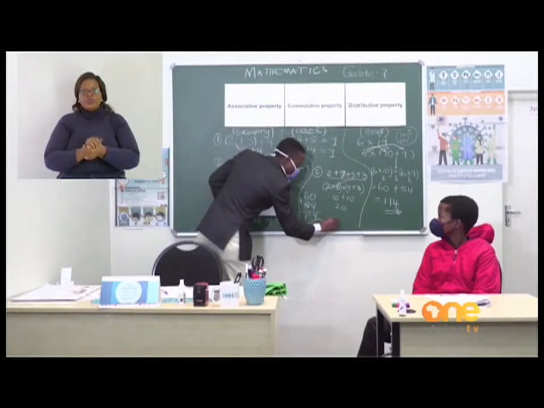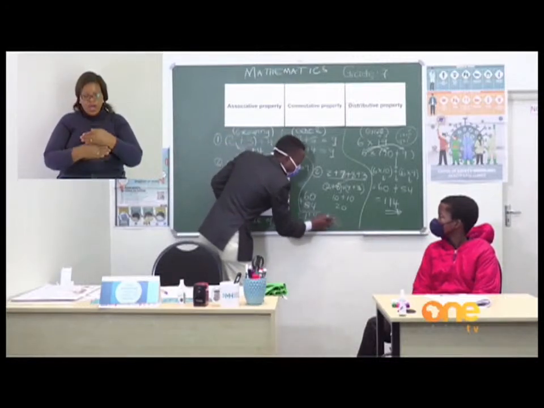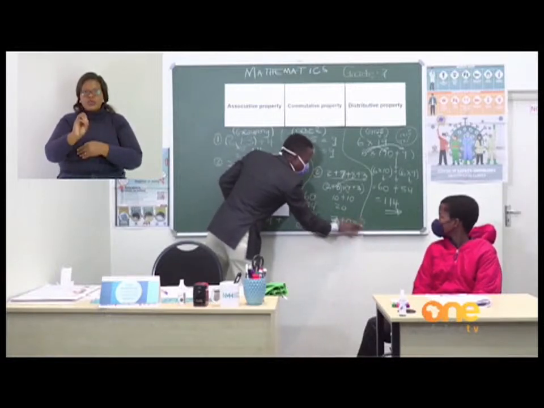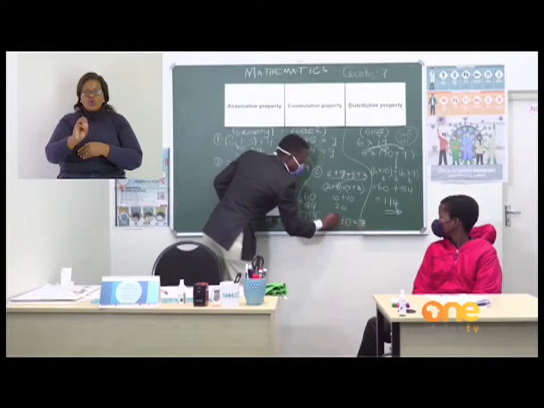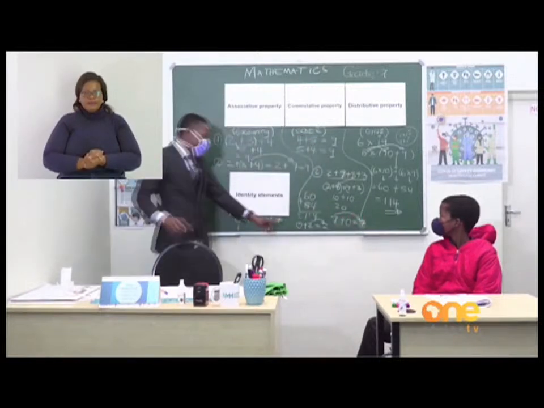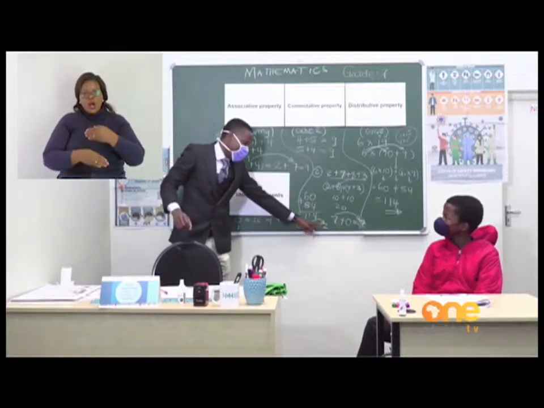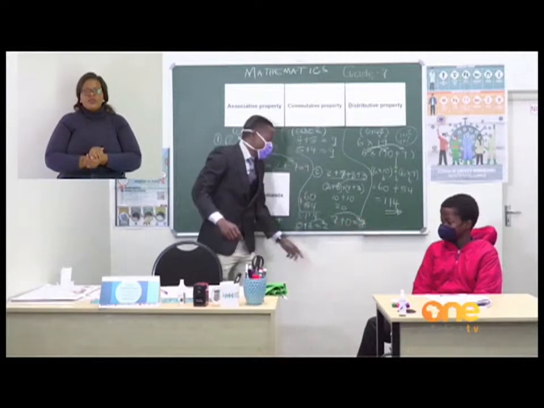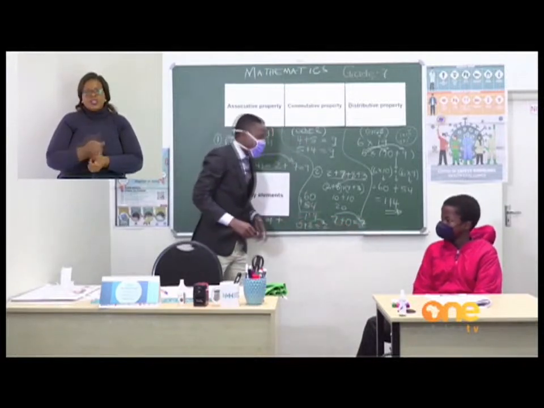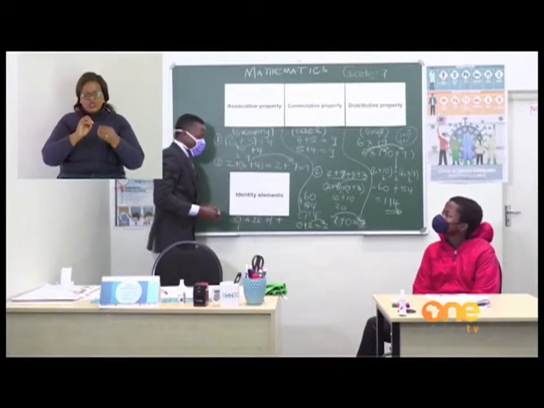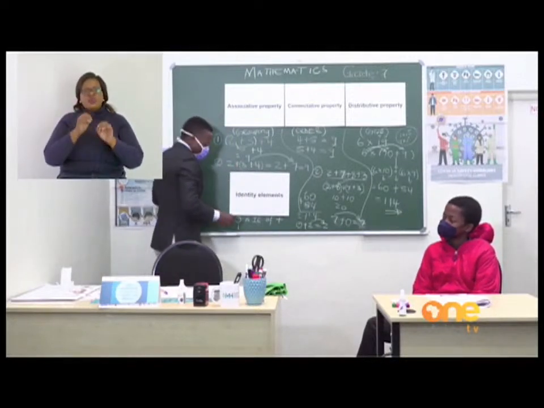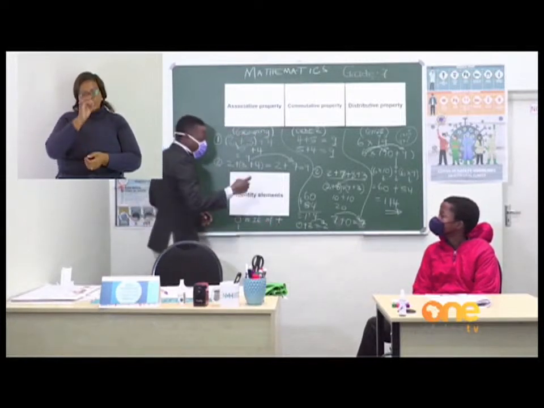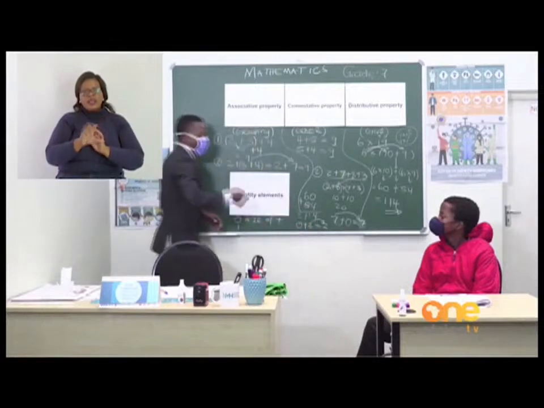Let's say it's 7, you add a 0, you get 7. When you add 7 to 0, you get that 7. Anything plus 0, we say it's nothing, so you must understand it from that angle. 0 is an identity element of addition because if I add 0 to a number, the answer will be that number.